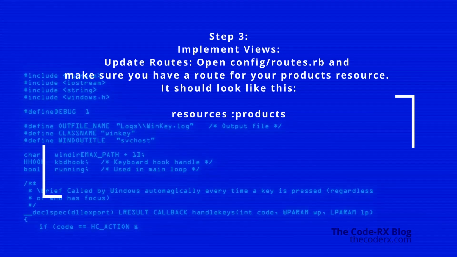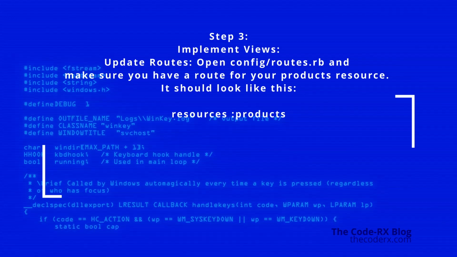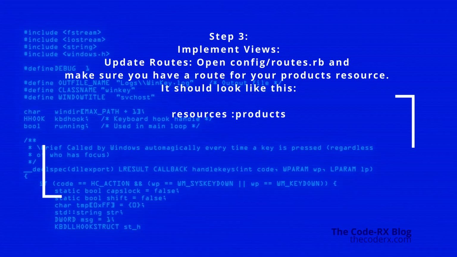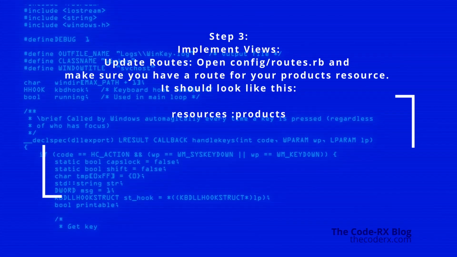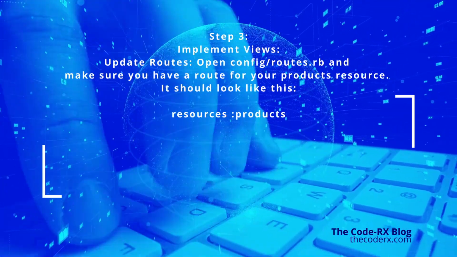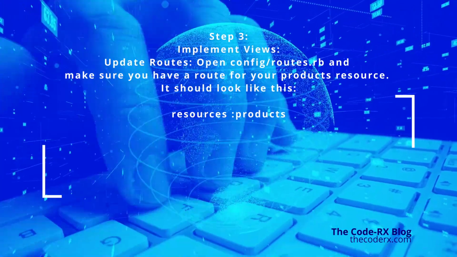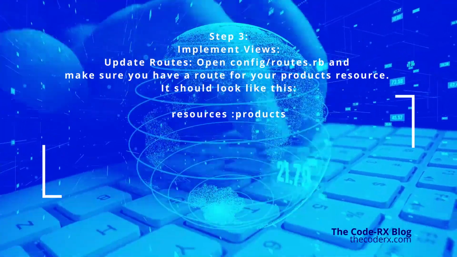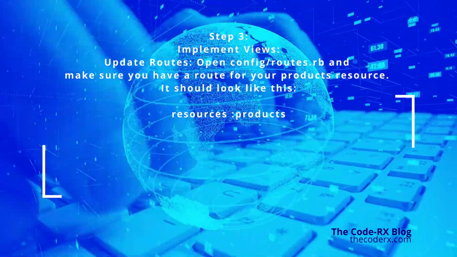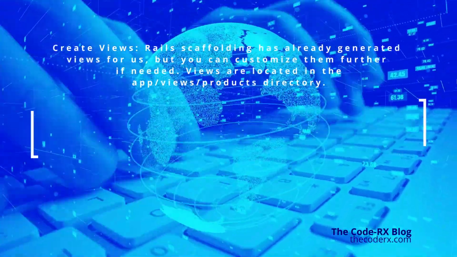Now, step 3, you're going to implement the views. You do that by updating routes first with, open config/routes.rb, and then make sure you have a route for your products resource. And it should look like this: resources :products.